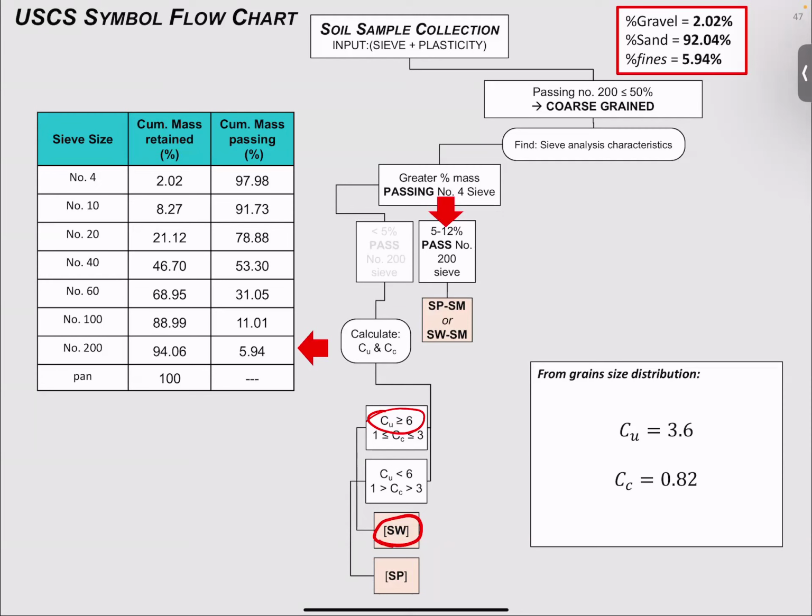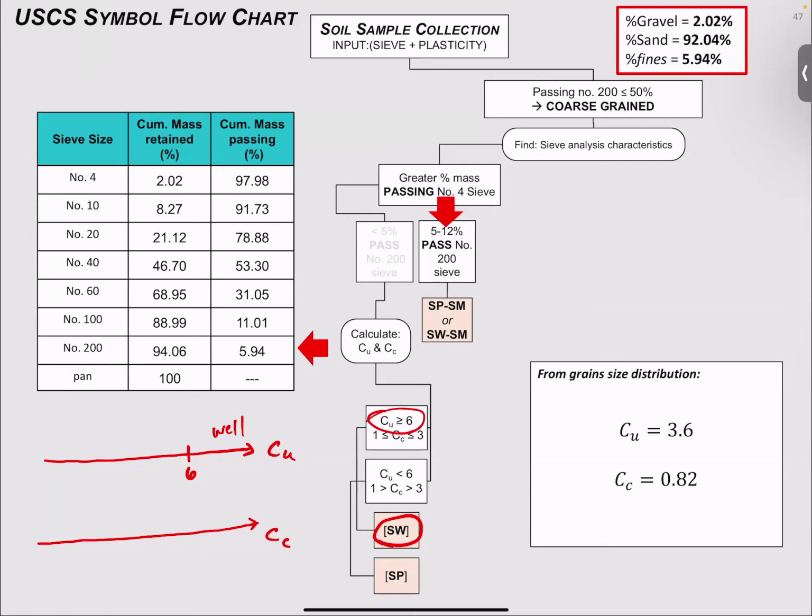I know that looks kind of weird, the way of saying it here, but the way I like to draw it, or just to interpret this, is let's say we have a CU line and then a CC line. Essentially, if we had 6 on the CU scale right here, if we had CU greater than 6, then this would be well graded.